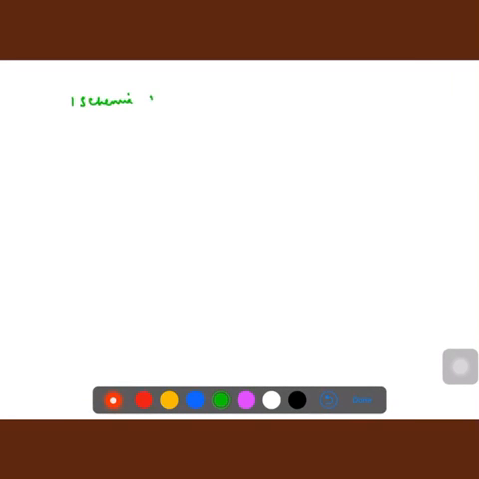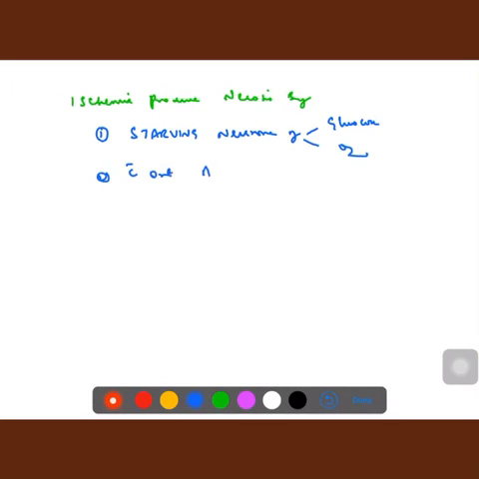Then the ischemia produces necrosis by the following: starvation of neurons of glucose and oxygen. Second, without ATP, the intracellular calcium will rise.